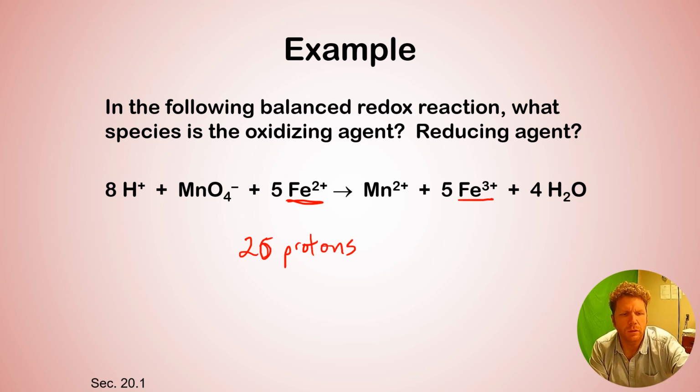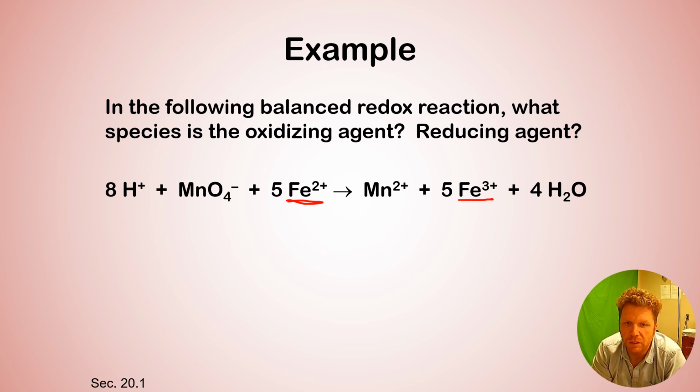An iron atom has 26 protons. If it were neutral, it would have 26 protons and 26 electrons. This is always confusing because previously we've talked about protons as hydrogen ions, but we're talking about the subatomic particle of a proton.